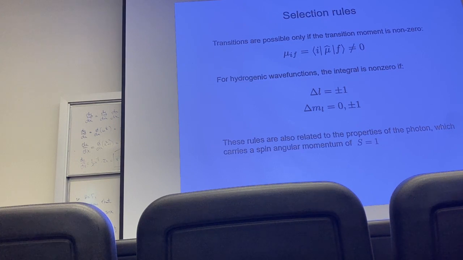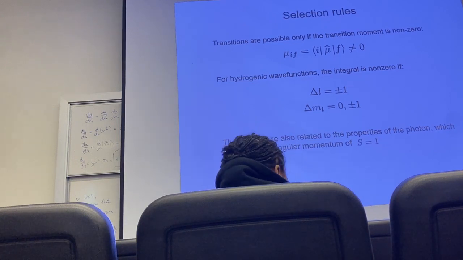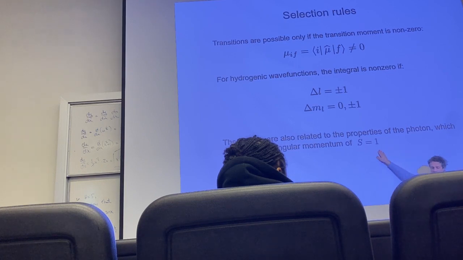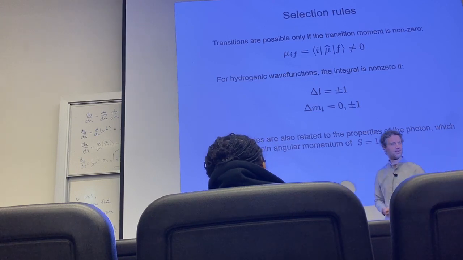Why is it 1? Well, there are many ways in which you can prove this or interpret this, but one way to get a sense of why this is so is because the spin quantum number, the intrinsic angular momentum of a photon, is 1.